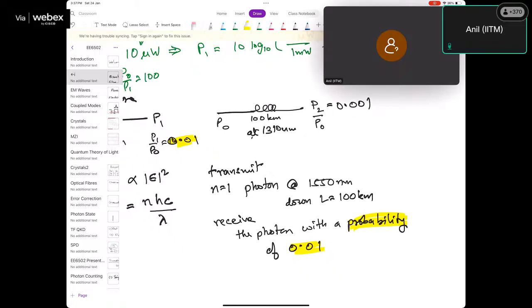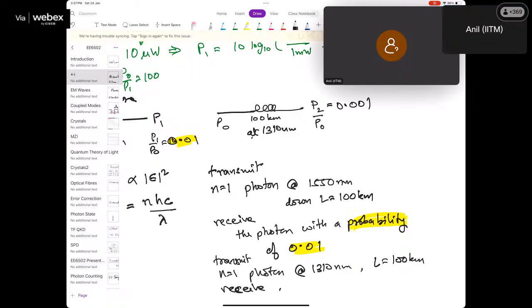And of course, if I do this at 1310, if I send n equal to 1 photon at 1310 nanometers down the L equal to 100 kilometers, then I receive it with probability of 0.001. What does it mean to say that I receive it with the probability of 0.01?